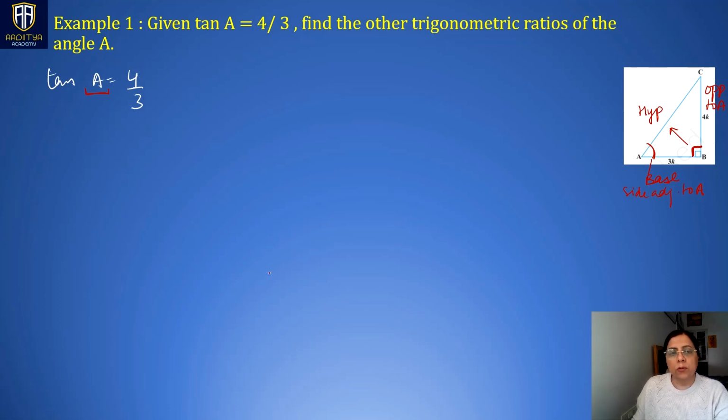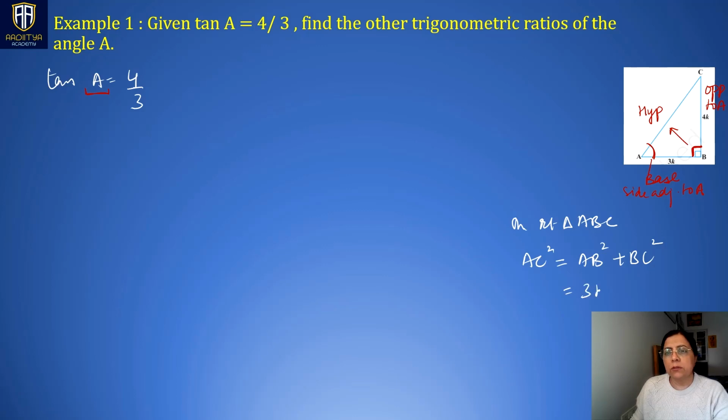So first of all, here these sides are given in the form of 3k and 4k. Now in right triangle ABC, first of all we go by Pythagoras theorem, right? Because we have the values of these two sides AB and BC, AC is not known in this. We have to find AC first. So AC square, hypotenuse square, is equal to the sum of squares of other two sides by Pythagoras theorem.